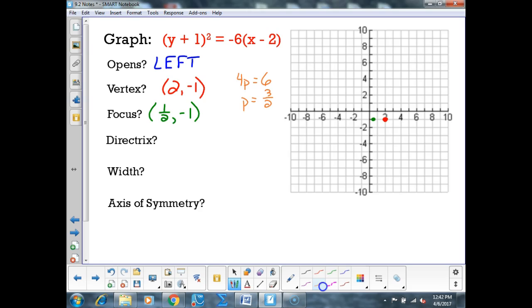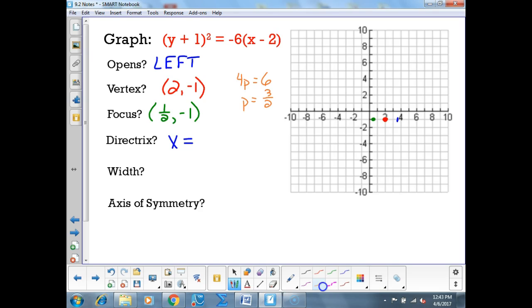Directrix then goes the other way, correct? So I'd go the other way 1/2, and that would put me at x equals 3.5, right?